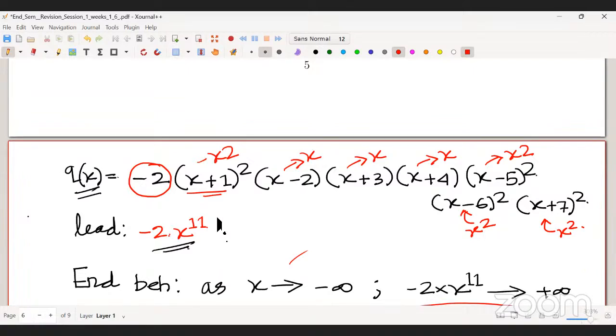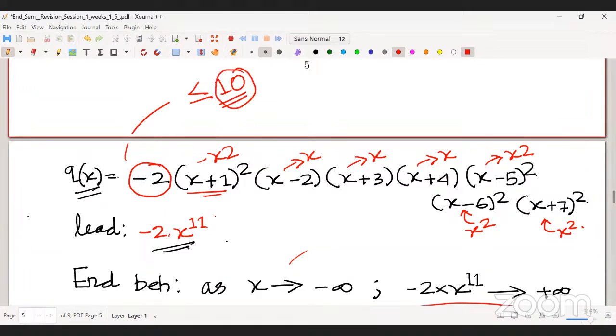It says the number of turning points is less than or equal to 10, but it's not giving you the precise answer. It can be 7, 6, or 5; it's only saying less than or equal to 10.